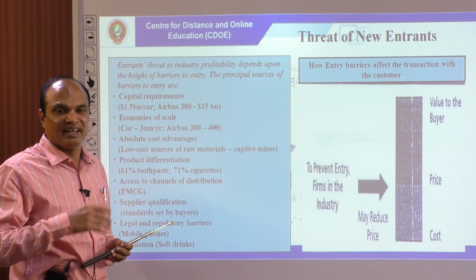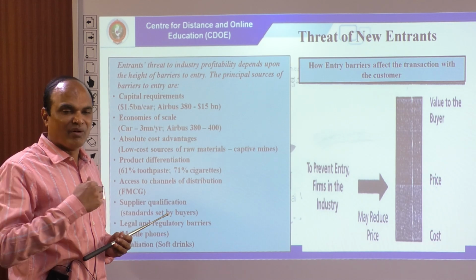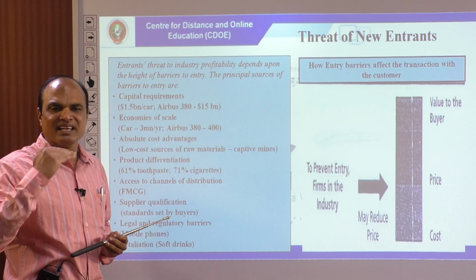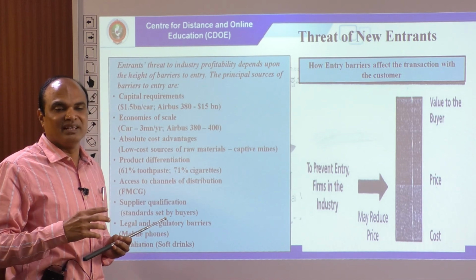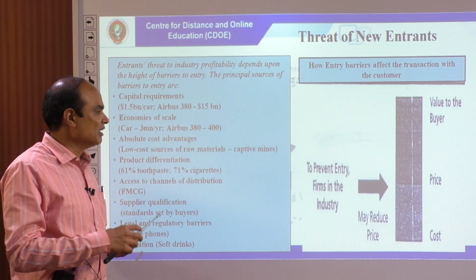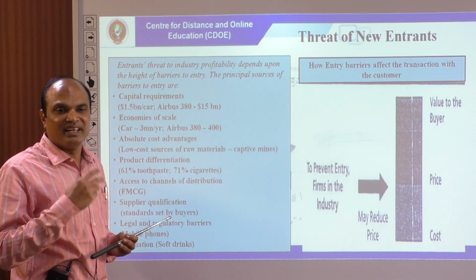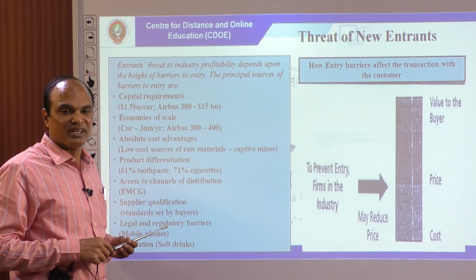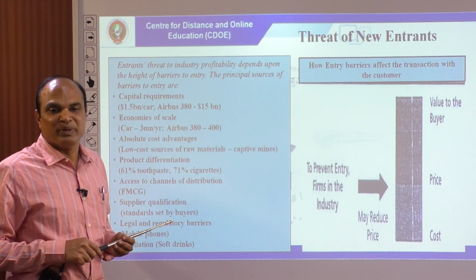The NHAI, that is National Highways Authority of India Limited, when they award the road building contracts, they set the highest standards, so that they give it only to the suppliers who have the highest qualification, or have the best equipment and efficient administration and all those things, so that they can execute it in a lesser period of time.